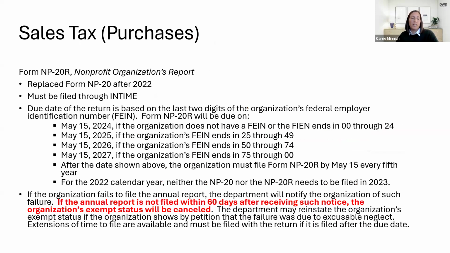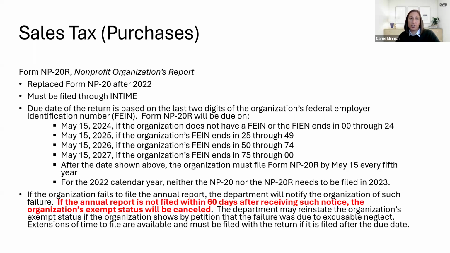So in order to be exempt from sales tax, after you receive your tax exempt status from the IRS, you have to apply to the Indiana Department of Revenue to receive and be approved to be exempt from sales tax. It used to be that you had to file NP 20 every year with the Indiana Department of Revenue to maintain that sales tax exemption.